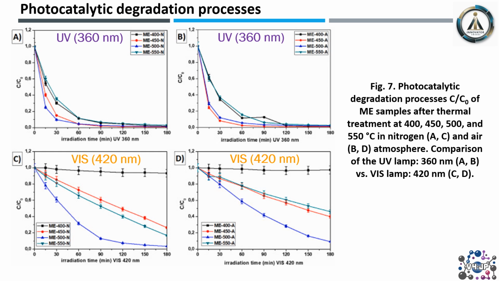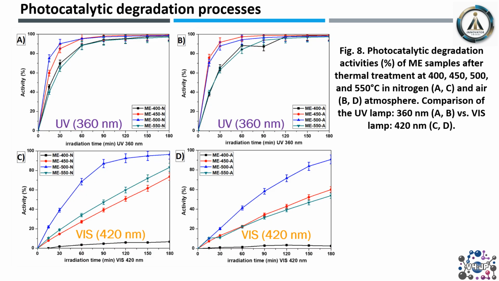And here on the figures you can see the changes in Acid Orange 7 concentration with the duration of UV or VIS light irradiation. And on the next slide you will see the photocatalytic activities which were calculated from those data.